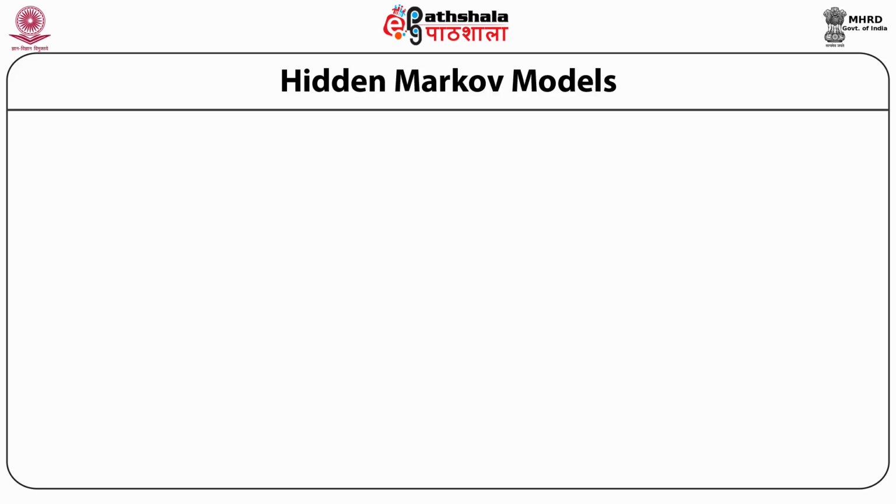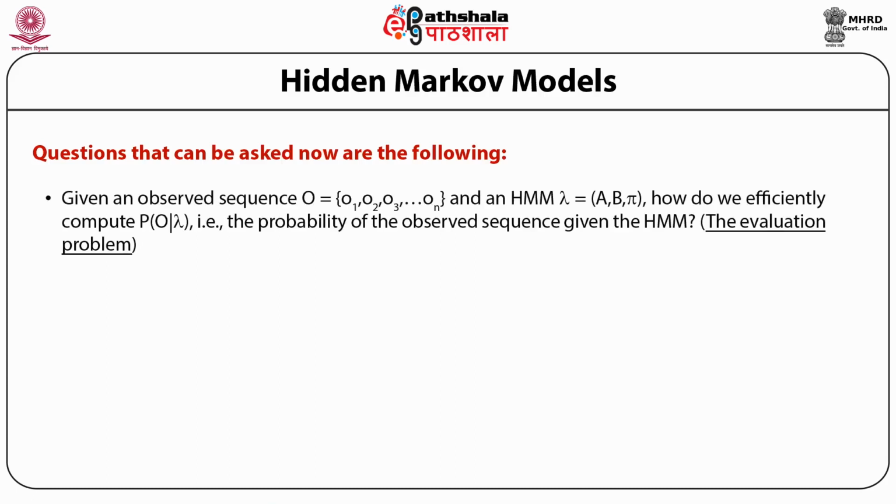Now, whenever we are dealing with HMMs, we can ask certain questions. What are these questions? One of them is this: take an observed sequence O, which is made up of a sequence of symbols O1, O2, O3 till ON, and I have an HMM lambda. It has its own parameters: the emission probability is B, the transition probability is A, there is a starting probability pi, and so forth.